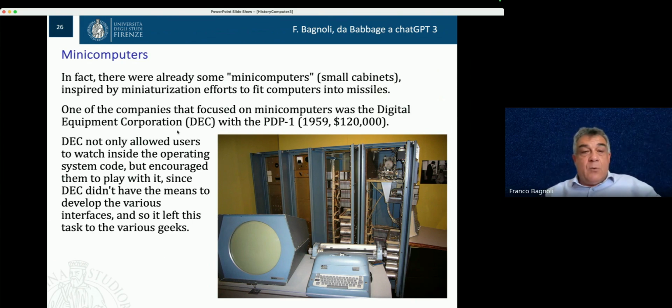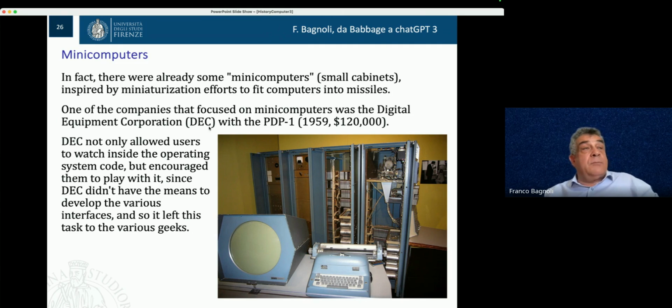So, for instance, one of these, which became famous in the following years, was the Digital Equipment Corporation, with the PDP-1. This was the screen. They had this teletype for entering programs.